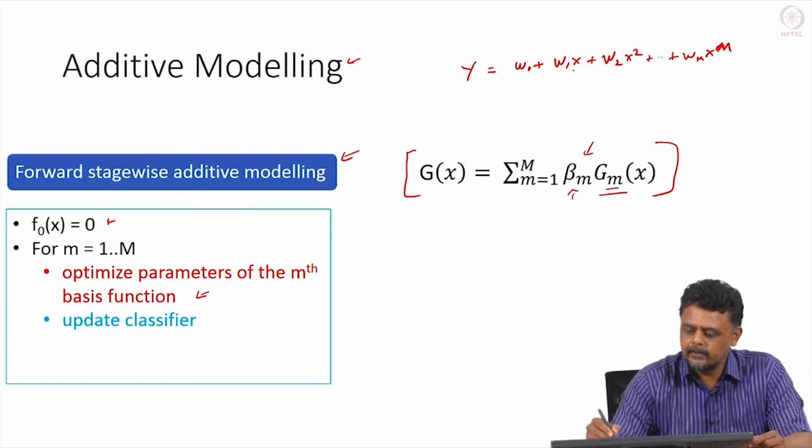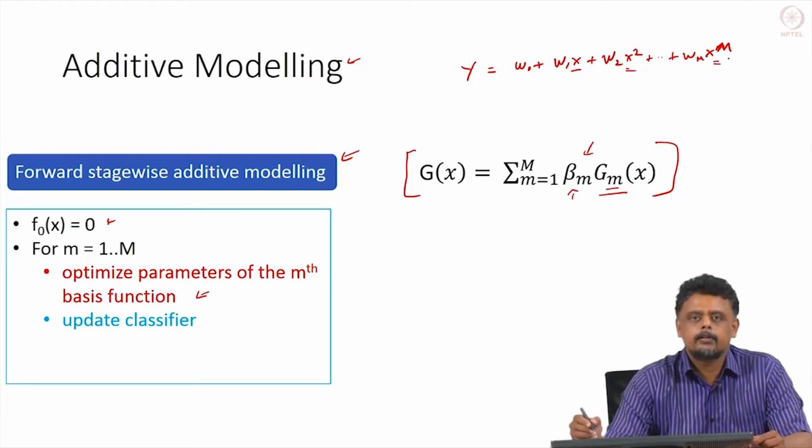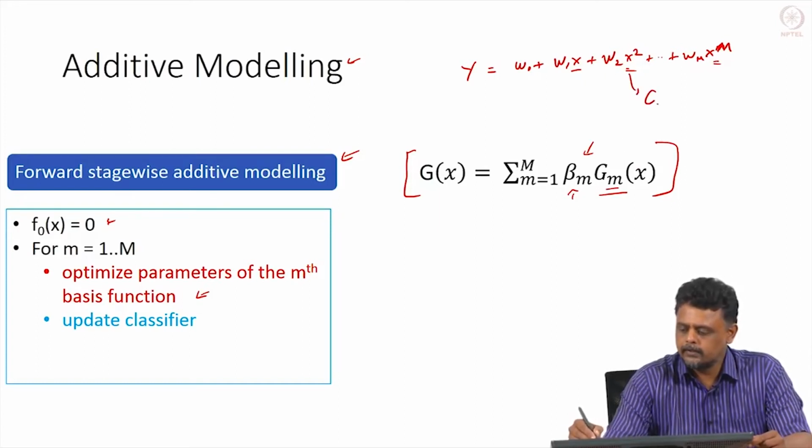We can consider each of these x square, x to the m, these polynomials, as the basis functions. So, we can write it in this way, where these correspond to the g_m of x.